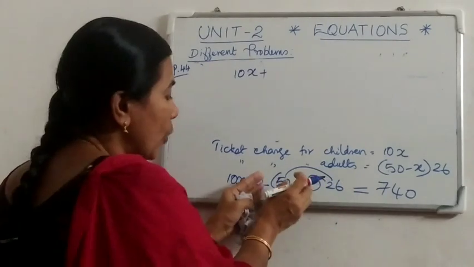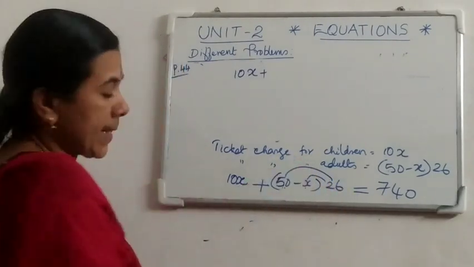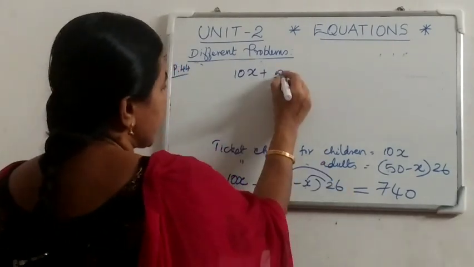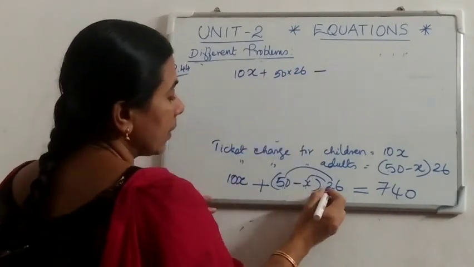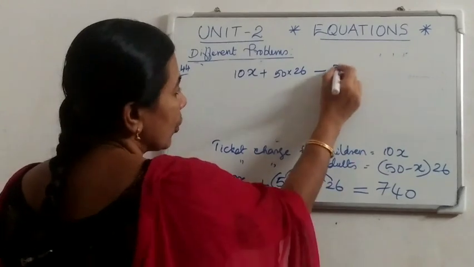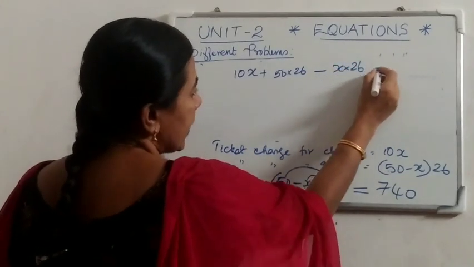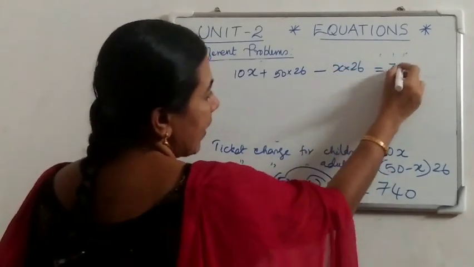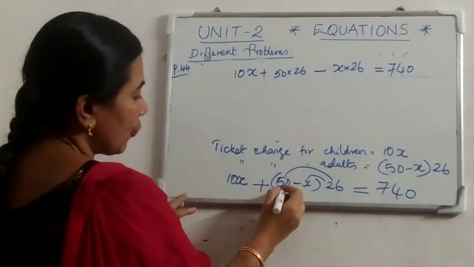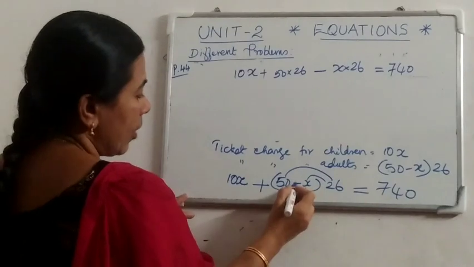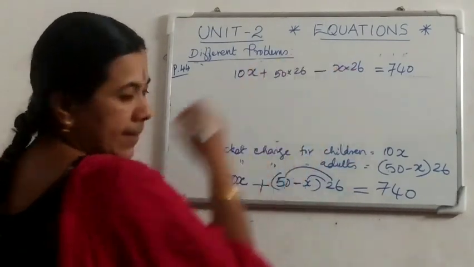You want to multiply both terms with 26. 50 into 26, sign is minus, then x into 26, is equal to 740. Got the multiplication? 50 into 26 this one, minus x into 26 this one.